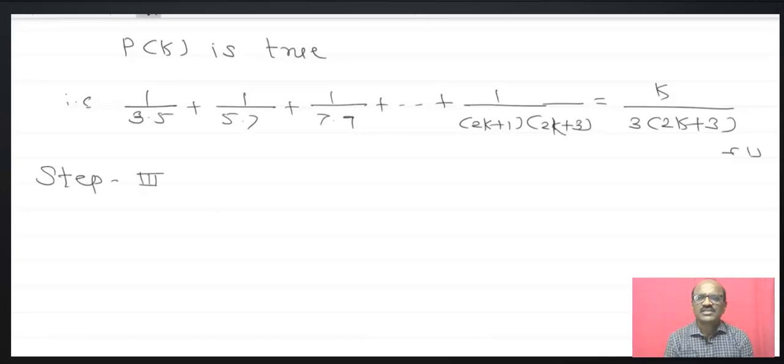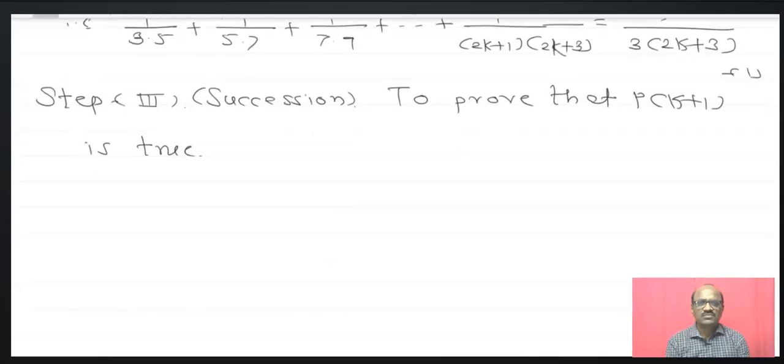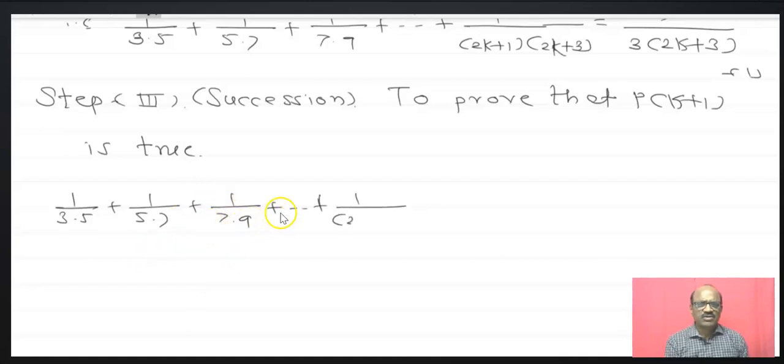Now the succession, this is the important step. We'll prove here the given result is true for n is equal to k plus 1. To prove that P(k plus 1) is true, that is 1 upon 3.5, 1 upon 5.7, 1 upon 7.9 plus dash dash plus 1 upon... Here k is replaced by k plus 1.